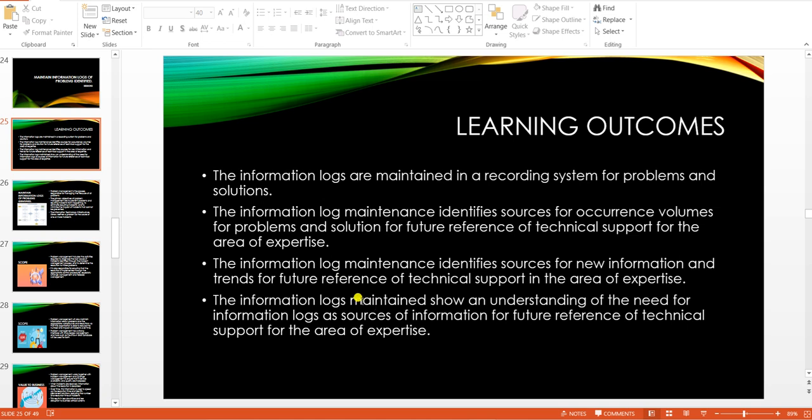And also we've got the information log maintenance, which identifies sources for new information and trends for future reference of technical support in the area of expertise. And also the information logs maintained show an understanding of the need for information logs as sources of information for future reference of technical support for area of expertise.